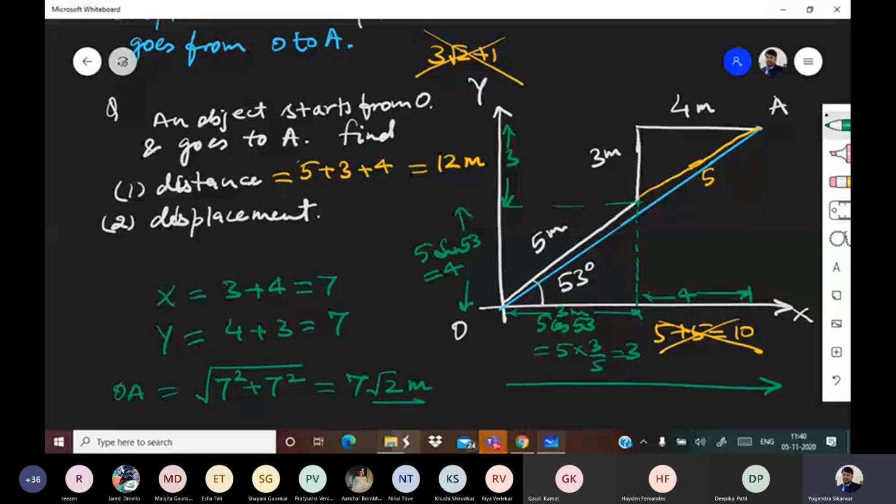Now let me tell you what people were doing in this question. Rather than getting the correct answer, they were trying to convince me to change the value in question so that they get answer as 10 conveniently. Right, Gauri? Yes. So she was trying to convince me, sir, I think you have made some mistake. Answer should be 10 and as per that answer, the value should be like this.